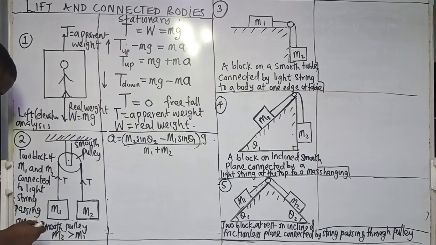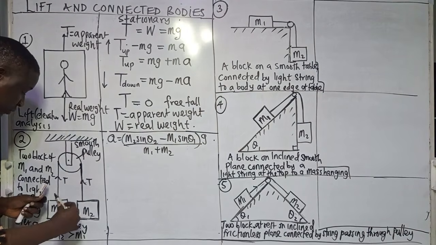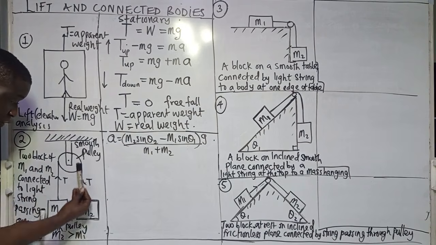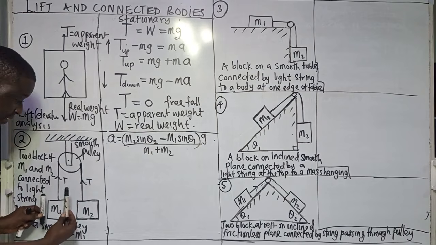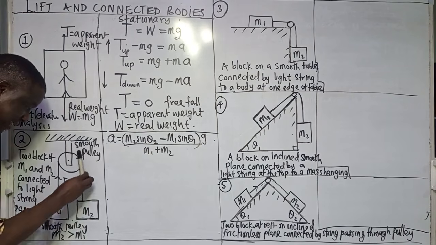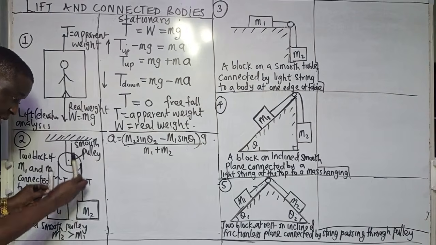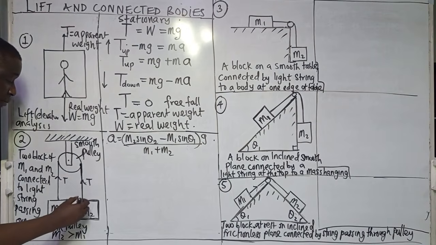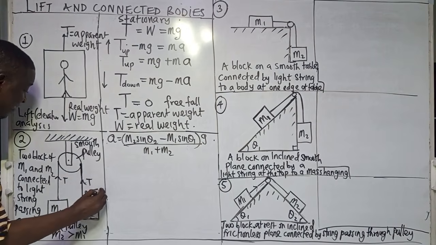Now what am I going to do? Any object moving upward or downward, I will take it as 90 degrees. Any block that is sliding upward or downward will be taken as 90 degrees. So it will be sliding at 90.